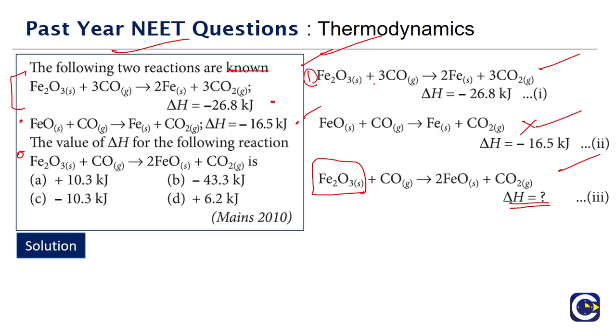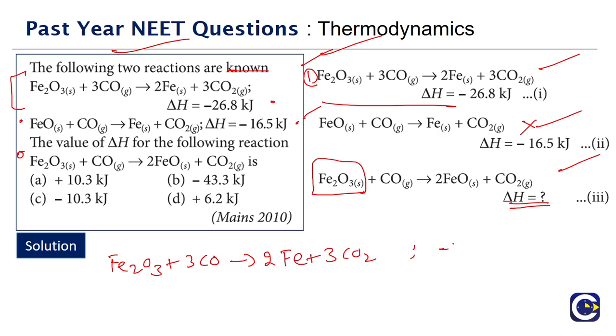So we should not be changing equation 1, because Fe2O3 is coming as it is. So equation 1 is Fe2O3 plus 3CO gives rise to 2Fe plus 3CO2, and its enthalpy change stays the same, minus 26.8 kilojoule.